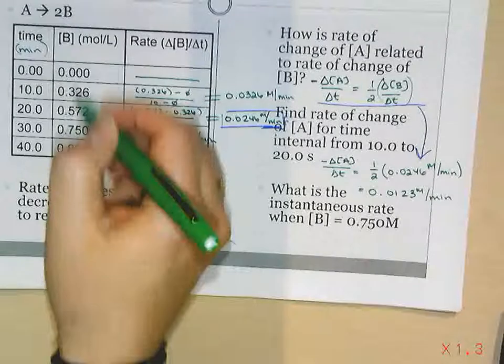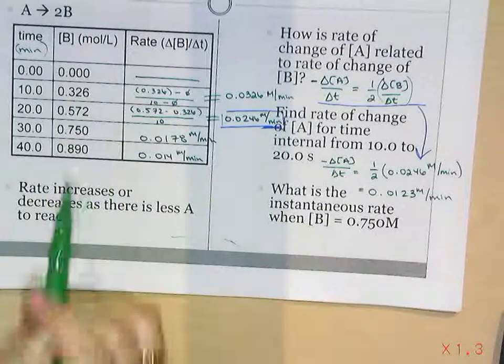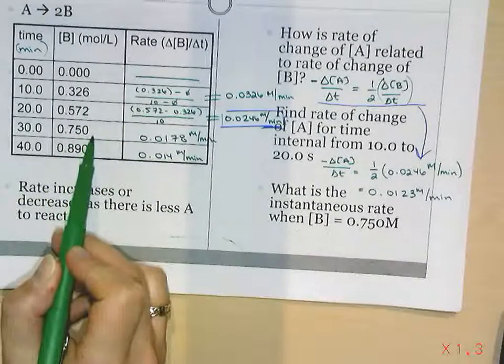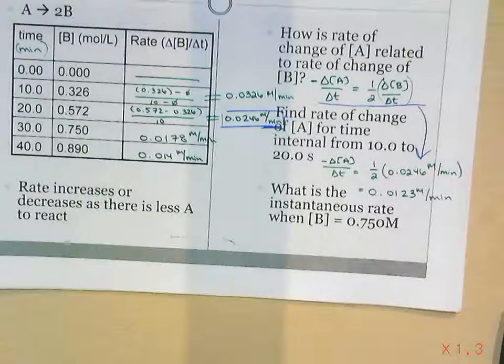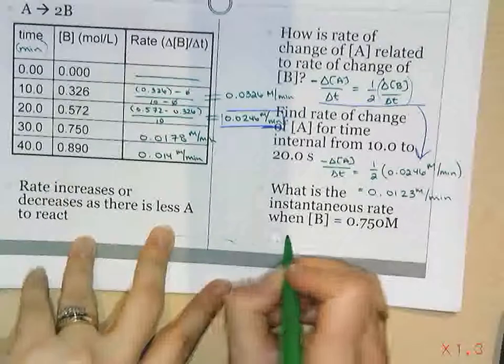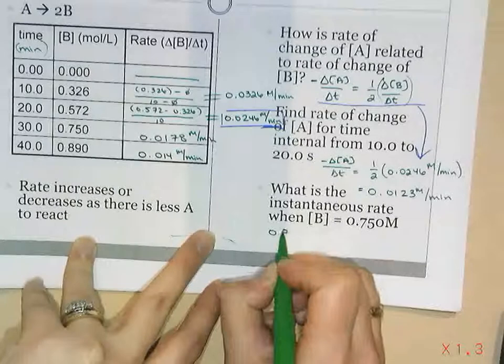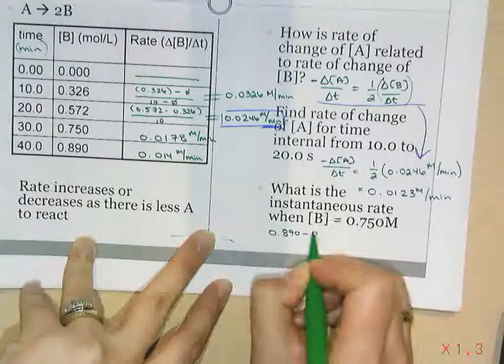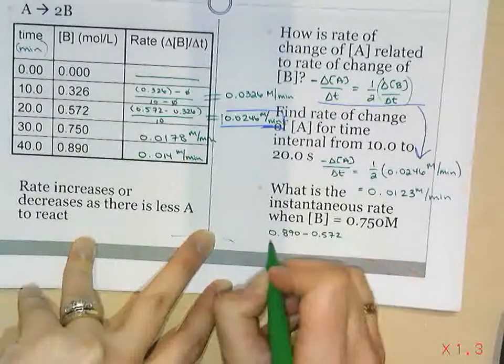So I want to know the instantaneous rate at this concentration. So I need to pick the point above it and the point below it, right? Because those are the only two data points I have. Right, so the point above it and the point below it.